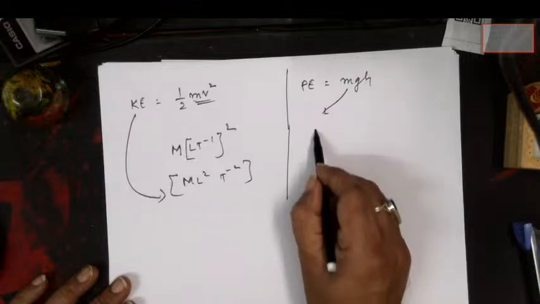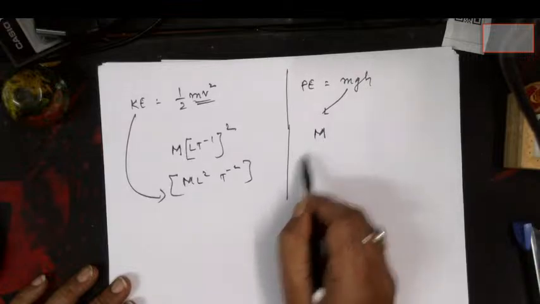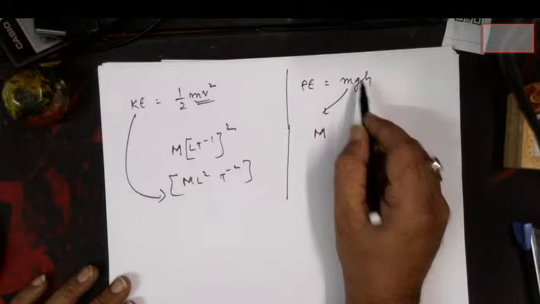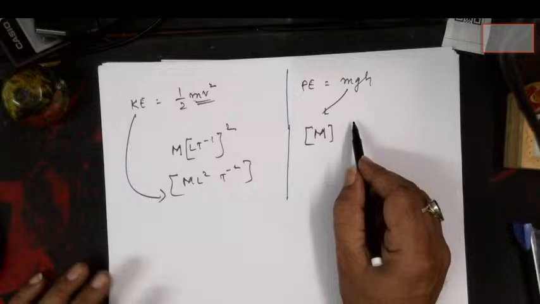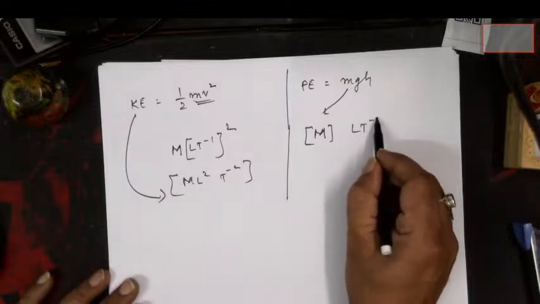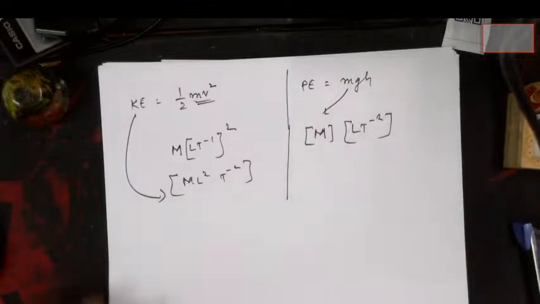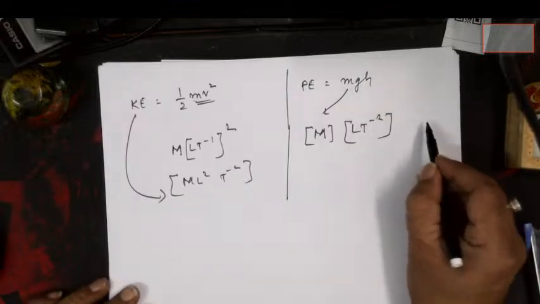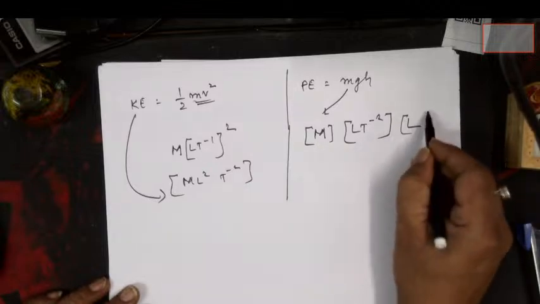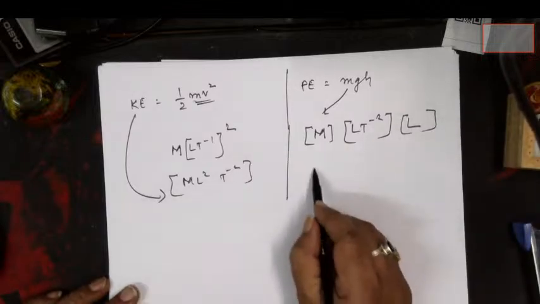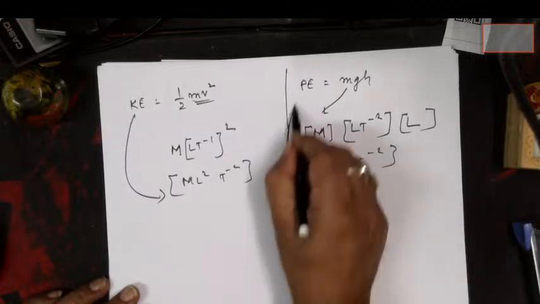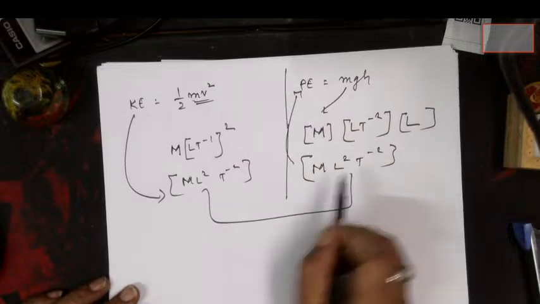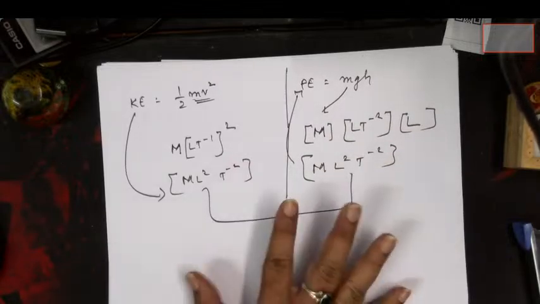M means capital M. And then what about this gravity? Acceleration due to gravity is nothing but acceleration, LT power minus 2. And what about this h? That is the length factor. Okay, now we can combine all. So ML square T power minus 2. Now you can find both the energies have the same dimensional formula. So dimensionally they are correct.